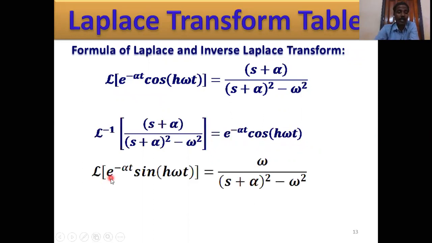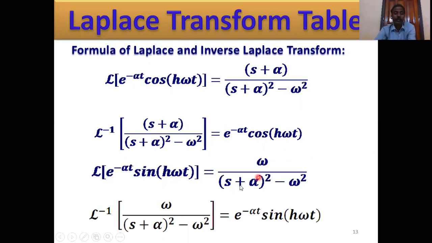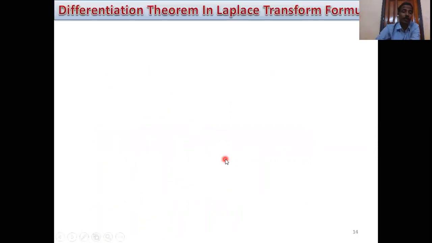And Laplace transform of e to the power minus alpha t sinh omega t equals omega by (s plus alpha) whole square minus omega square. Similarly, inverse Laplace of omega by (s plus alpha) whole square minus omega square equals e to the power minus alpha t sinh omega t. So these are all the formulas of Laplace transform.